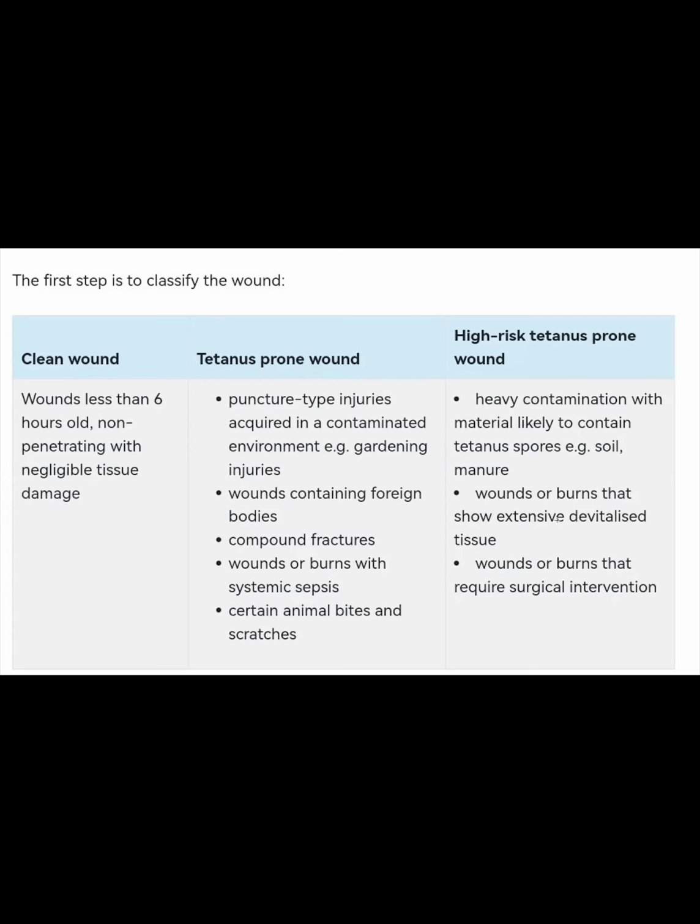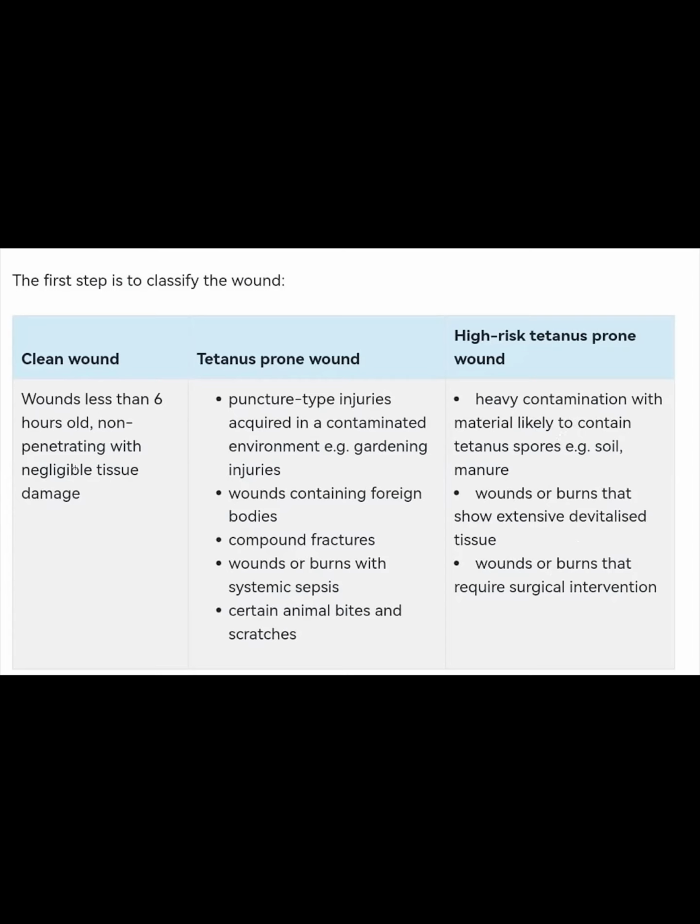If there is a wound or burn with extensively devitalized tissue, extensively necrosed tissue, this is high risk. That much devitalized or necrosed tissue that you actually need surgical intervention. So any extensively devitalized tissue that needs surgical intervention, or contamination with soil or feces, this is high risk.